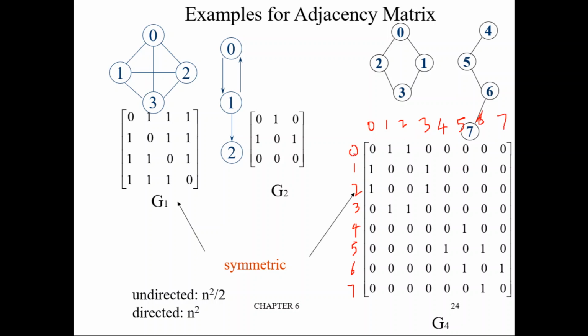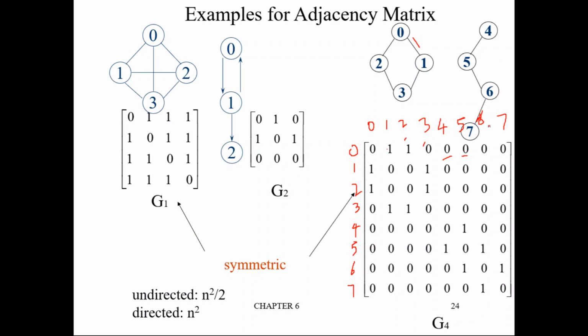Now you can see 0 to 0. Diagonals anyway you can fill up with zeros because we are not going to have any self loop. Okay. 0 to 1, is there a link? Yes. So 1 comes here. 0 to 2, yes, so 1. 0 to 3, there is no direct connection, so 0. Okay. 0 to 4, these are two different subgraphs, they are disconnected, so it is 0. 0 to 5, 0. Nothing in this other subgraph.